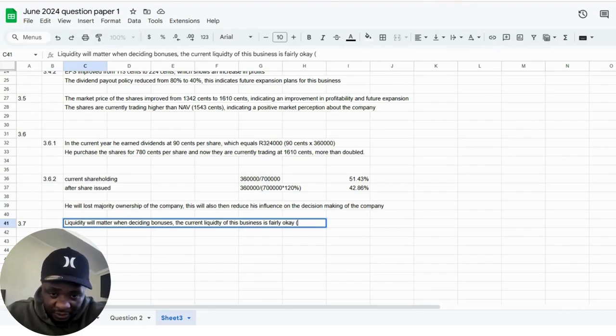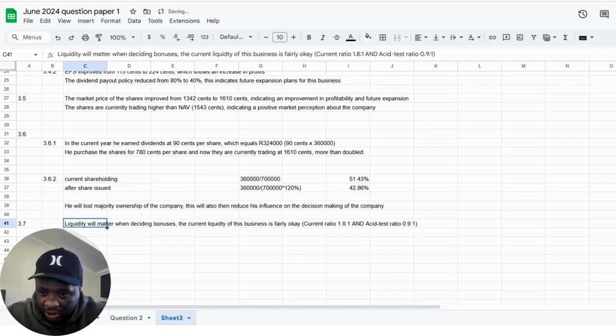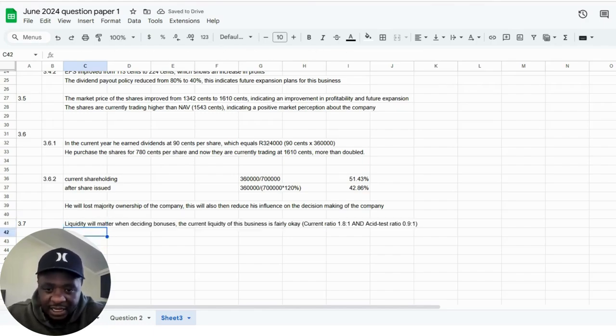So we're going to have the current ratio, which is 1.8 to 1, and asset test ratio, which is 0.9 to 1. So liquidity wise, the business is in a fairly good financial state.